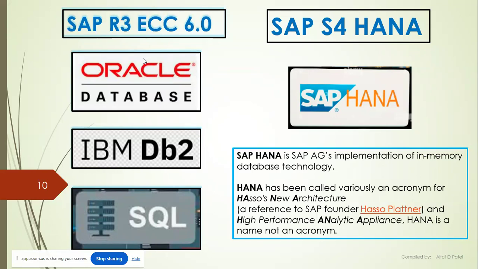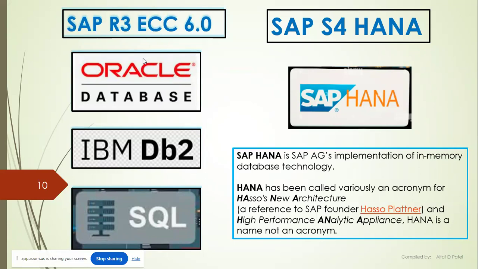Another difference is that in the old ECC the storage used to be different. It is a NAS, network attached storage, and we used to have terabytes of data outside the computer, the main box. Okay. Now what has happened is it has been made in-memory. On your main server only, there will be terabytes of data, I'm talking about the main server.